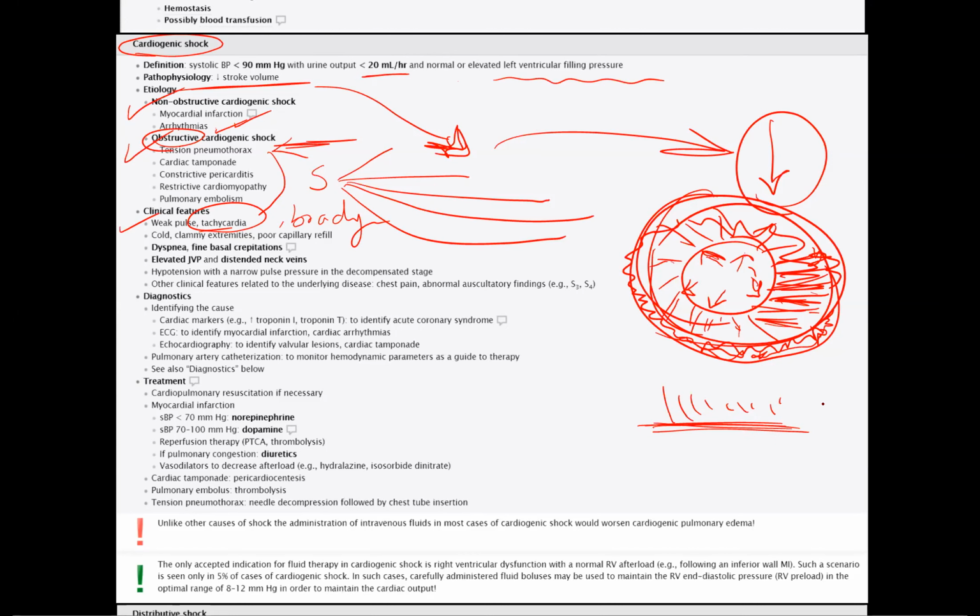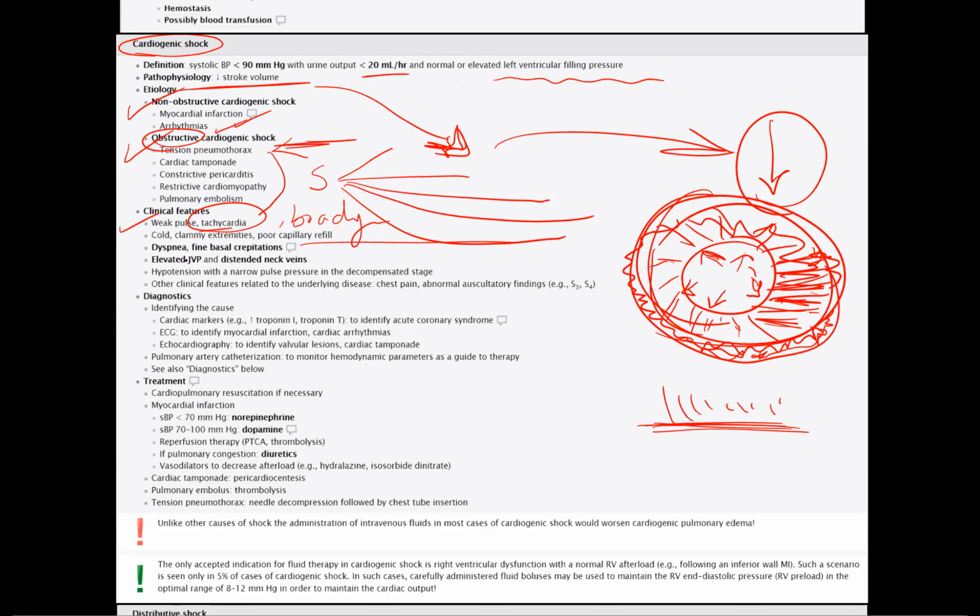Also, as we said, the compensation system will try to divert blood from non-vital organs like the skin to vital organs. So we have cold, clammy peripheries with poor capillary filling time.